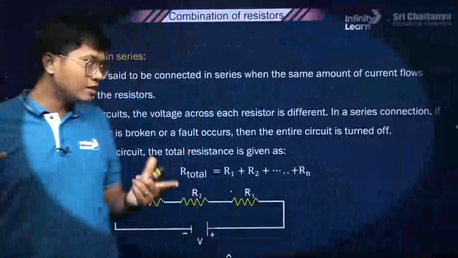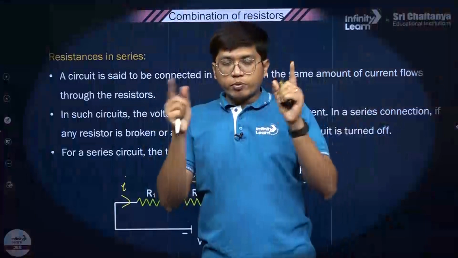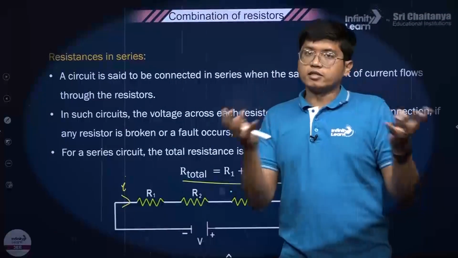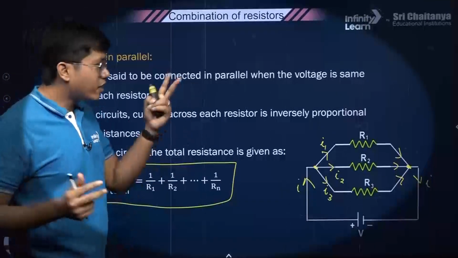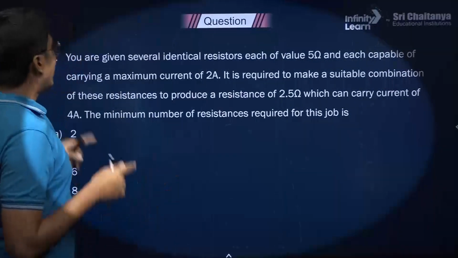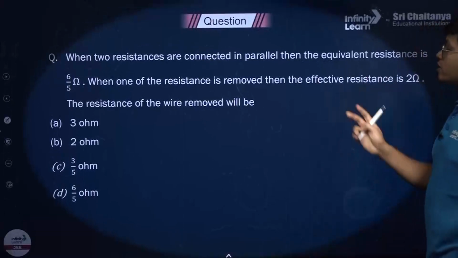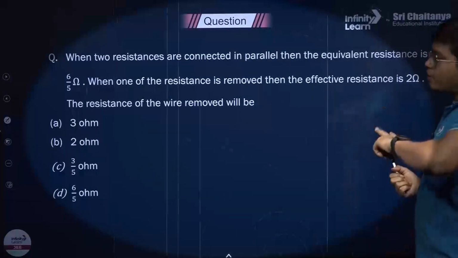Now resistances in series, this equivalent relation formula is pretty common, because in between that 1 second and 10 seconds, those 9 seconds, the charge is accumulated here. That cannot be. I just want you to quickly remember a relation that if there are only two resistances in parallel, each of value 5 ohms and each capable of carrying a current of 2 amperes. It says when two resistances are connected in parallel, then the equivalent resistance is 6 by 5 ohms.